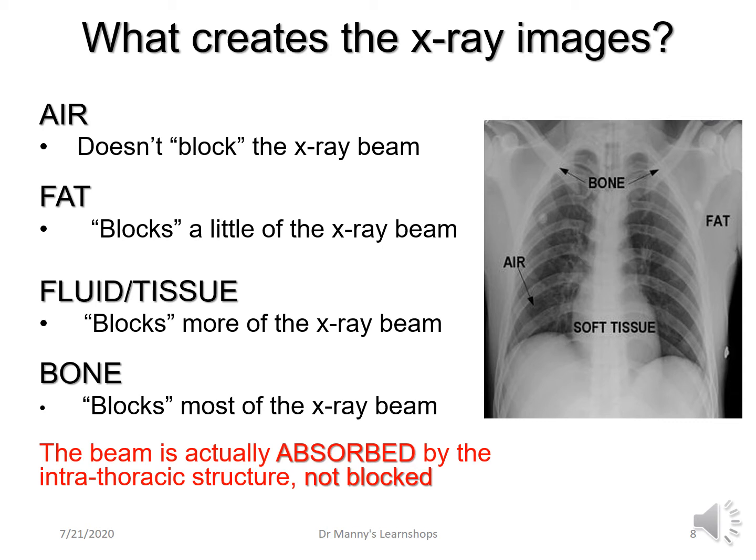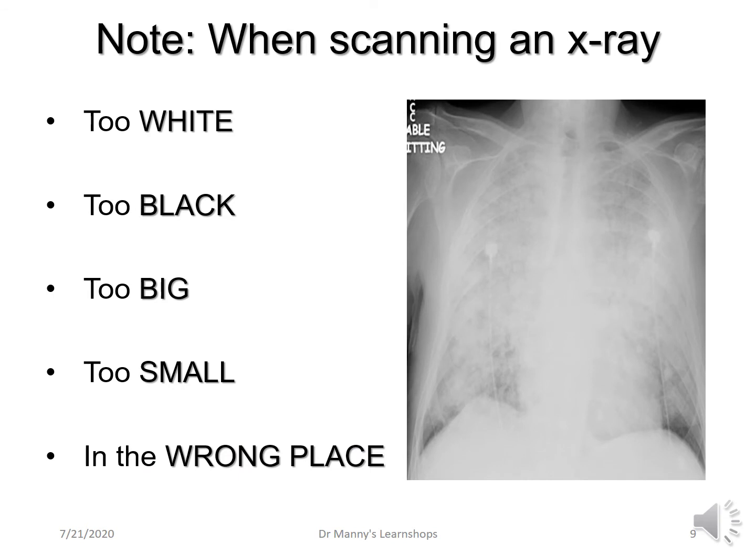Fat, fluid and tissues are in between, and they will create an image that is either grey, greyish, or off-whitish. When scanning a chest x-ray, think of 5 components.